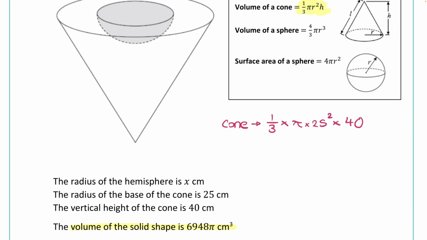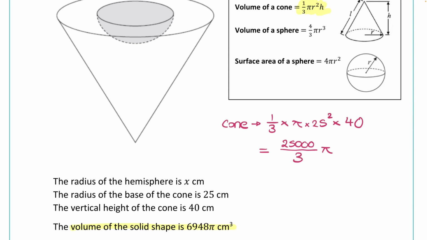We can either write down our answer as a decimal, or we can write it down in terms of pi. It will depend how complex it looks as to normally which one I choose. So this one has come out as 25,000 over 3 pi. On my calculator, it looks like this, 25,000 over 3 pi. And that's the volume of the cone.